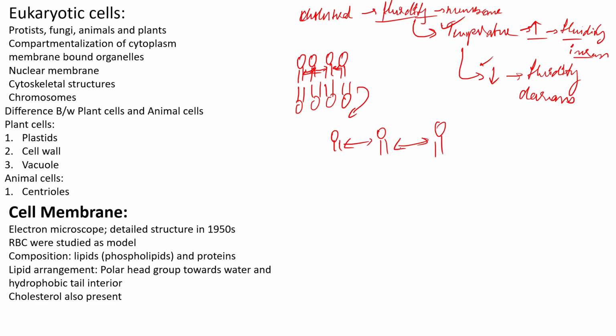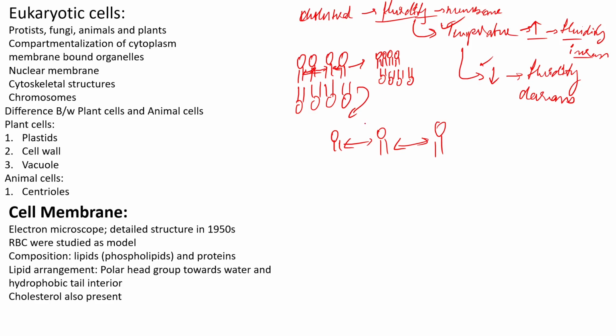This is called more fluid. However, if the distance between the two molecules is decreased, then we say the fluidity has obviously decreased. But if the distance between the two phospholipid molecules has increased, it means the fluidity has also increased.